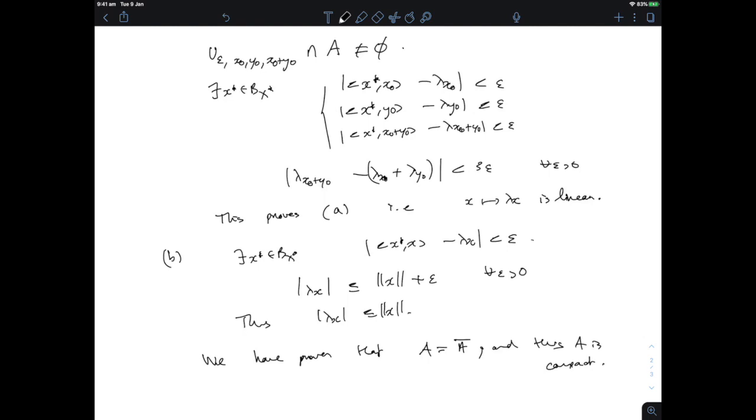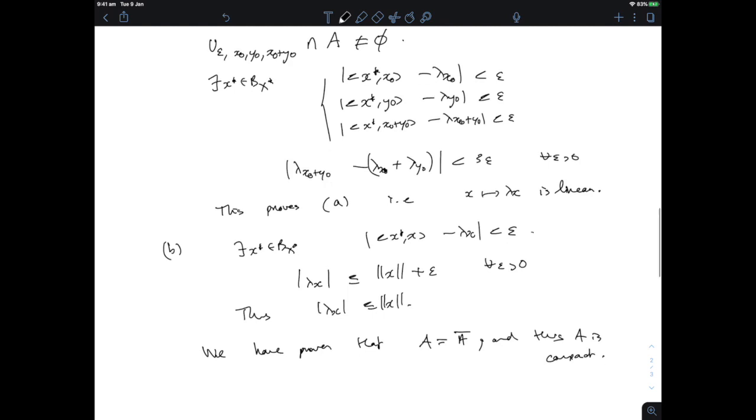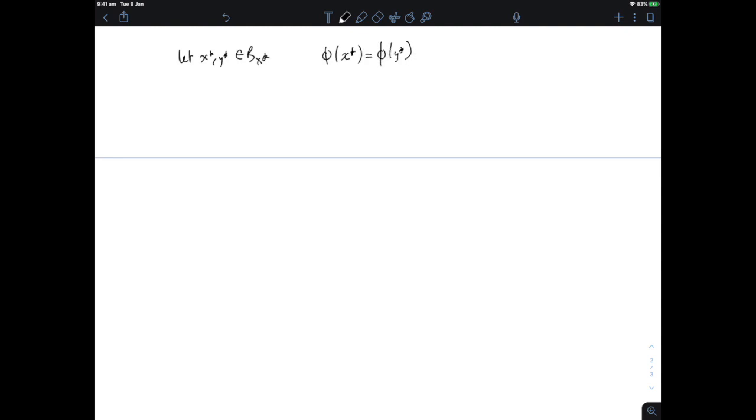Right, so last thing we have to prove is that A is homeomorphic to B of x star, or B of x star is homeomorphic to A. Okay, so how do we do that? Well, first of all, let's notice that phi is a bijection, because if I have x star and y star in B of x star, and phi of x star is phi of y star, well, what does that mean?